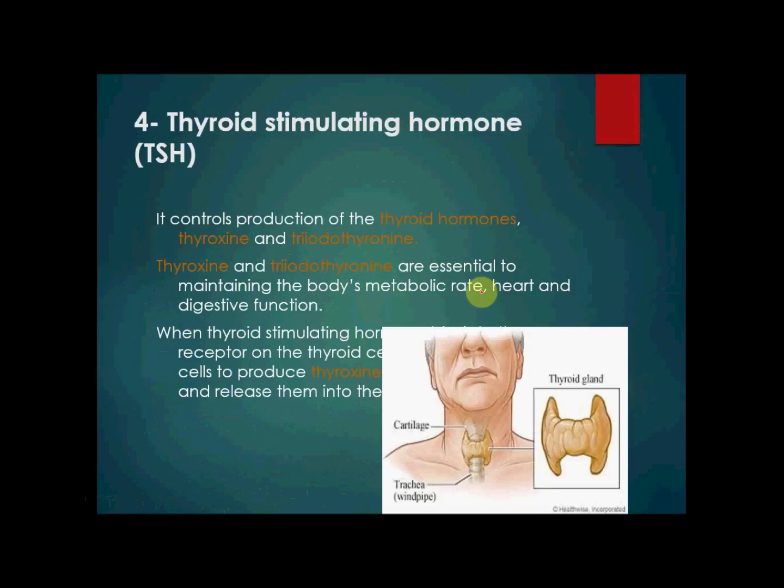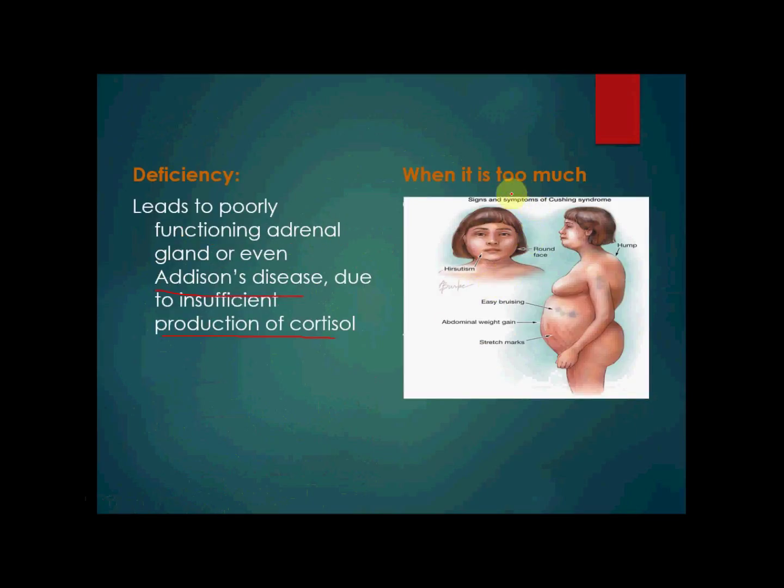Now, when it is too much, it causes signs and symptoms of Cushing's syndrome. As we can see, the patients are easily bruised, and they have abnormal abdominal weight gain and stretch marks on the skin. Of course, we see the round face and so on and so forth.